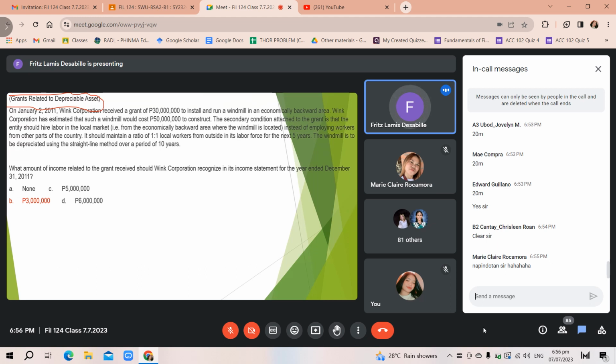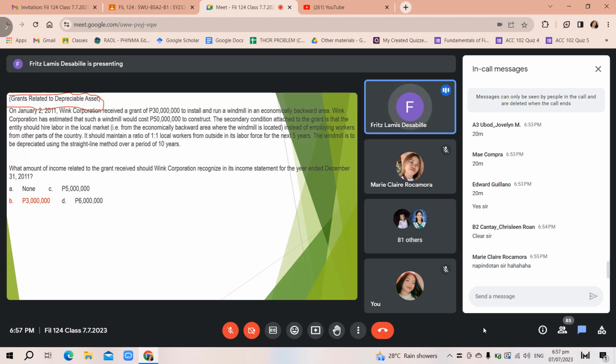The secondary conditions attached to the grant is that the entity should hire labor in the local market, from the economically backward area where the windmill is located, instead of employing workers from other parts of the country. So it should maintain a ratio of 1:1 local workers from outside in its labor force for the next 5 years. So that is one of the conditions also.